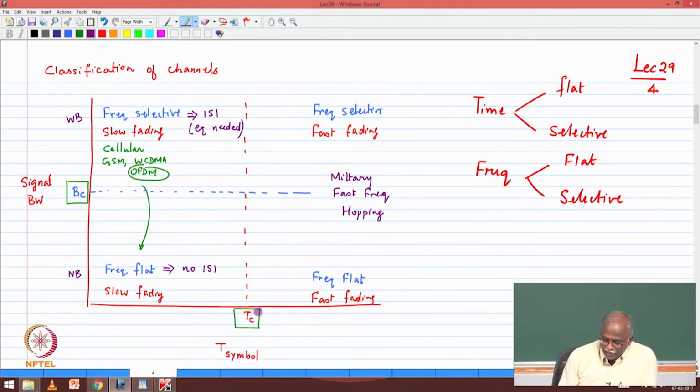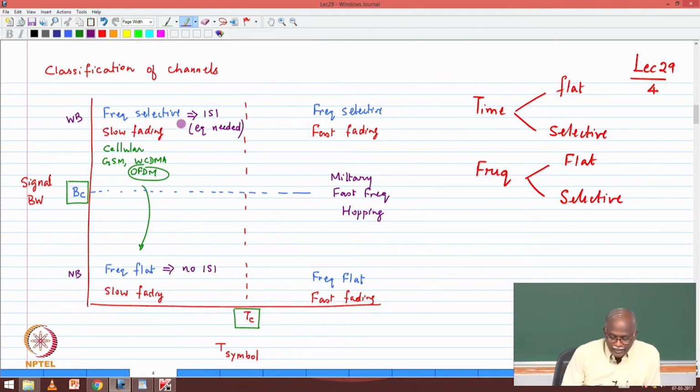The symbol duration with respect to the coherence time tells us whether your channel is slow fading or fast fading. Based on this characterization, we find that most of our systems of interest are on the west side of this partition, and the systems most likely to be encountered are in the northwest quadrant, which says that we are looking at frequency selective but slow fading channels.